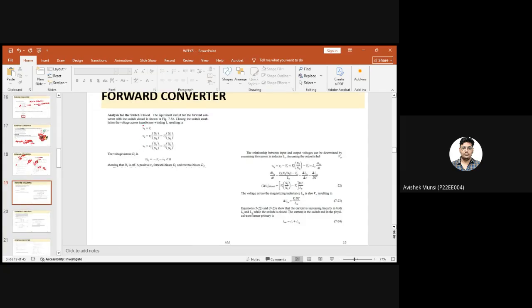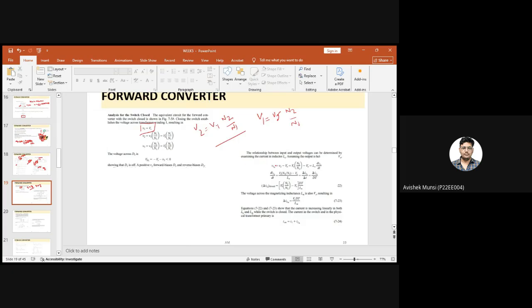So when the switch is closed, you see that V1 is equal to Vs, and we know that V2 has a relation with respect to the turns ratio. So we can write V1 equal to Vs N2 by N1. Okay, fine.